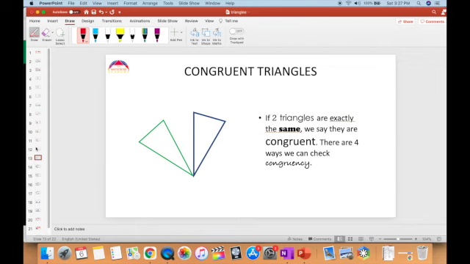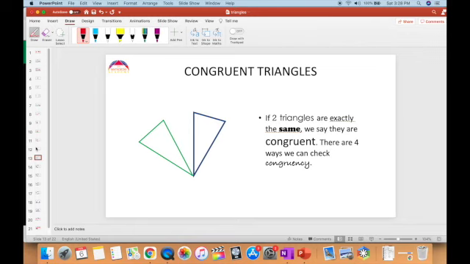It really is that simple. It doesn't have to be more complicated than that. If 2 triangles are the same, then they would have the same angles and the same sides.